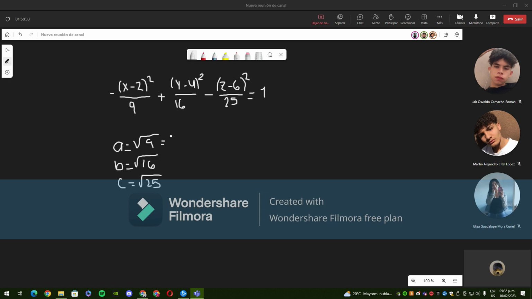Equal 3, 4, and 5. The center is 3, 4, and 5.